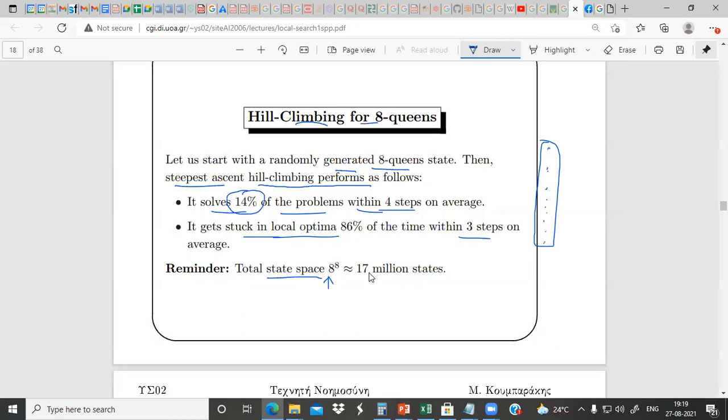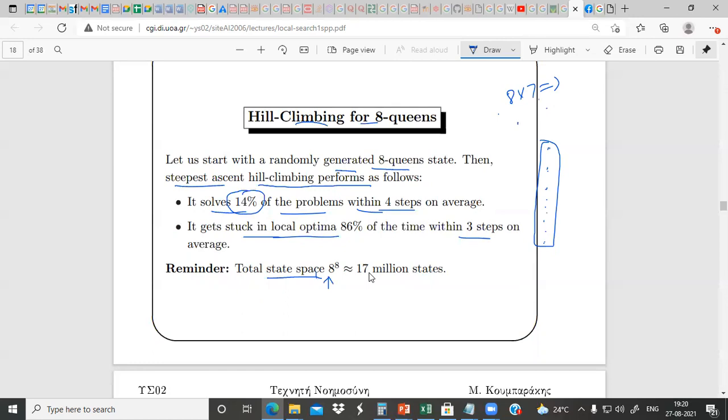Previously we discussed 8 into 7, because the possible next states are 8 into 7 possibilities, since in each column one queen is already placed. Excluding that, it is 8 into 7. But here everything is included.